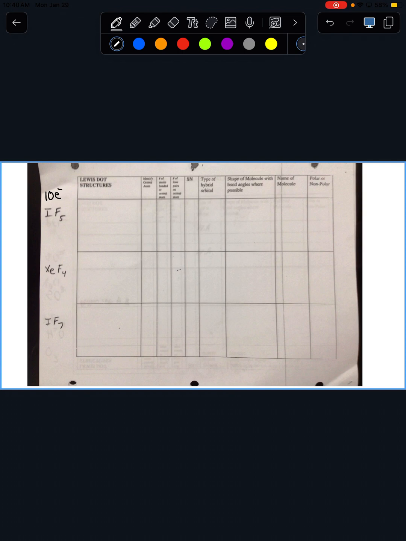Xenon, it's not supposed to bond, huh? But it does. Do the rule of 12 around the xenon. Okay? The rest of them follow the rules.